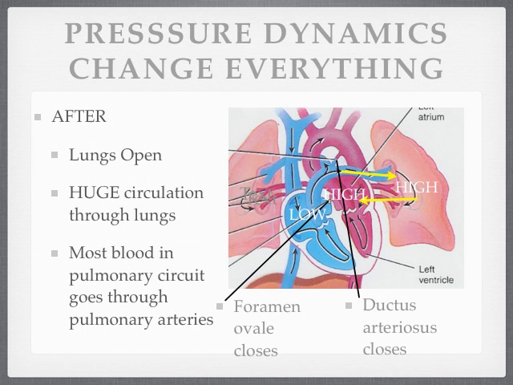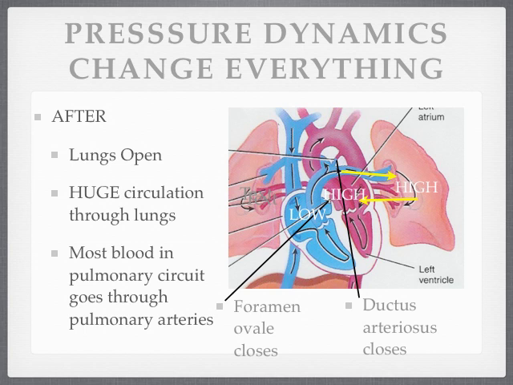Now, problems could include the ductus arteriosus doesn't close, so blood continues to flow from the pulmonary trunk over to the aorta. The aorta then, at least from the arch down, is pumping a blend of oxygenated and deoxygenated blood. With that the case, if blood is escaping through the ductus arteriosus, there's a reduced amount of flow through the lungs.